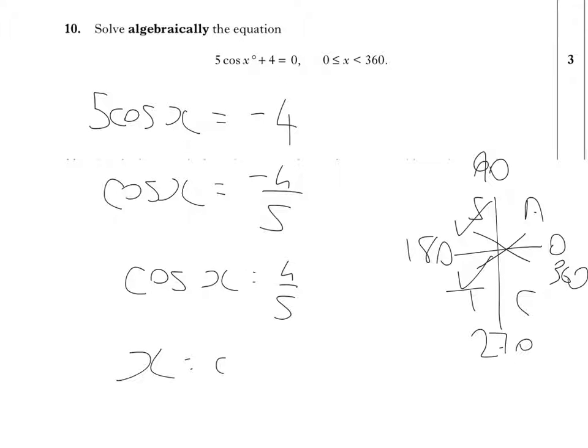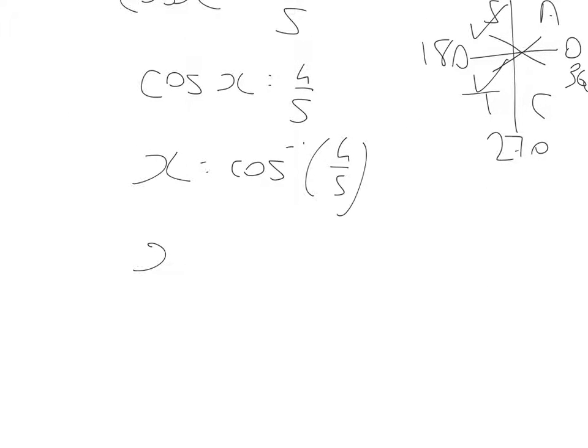So x equals cos inverse 4 over 5. Then enter that into the calculator, and that will give you 36.9 degrees. Now be careful at that point because you're not looking in the O quadrant, so that's not actually a solution.